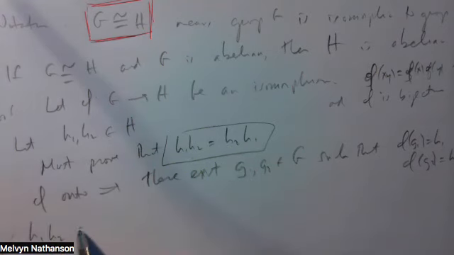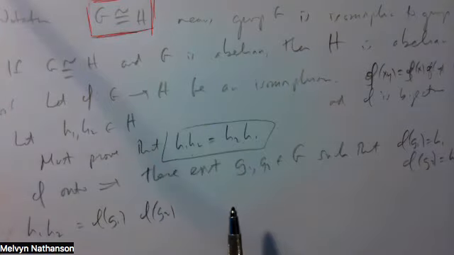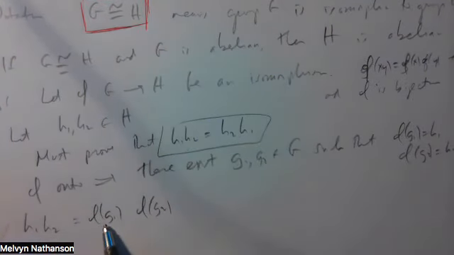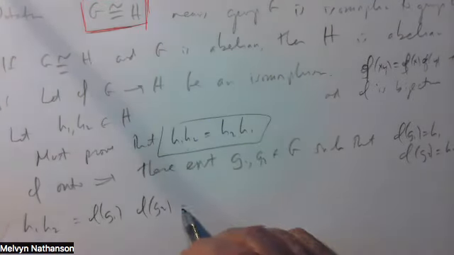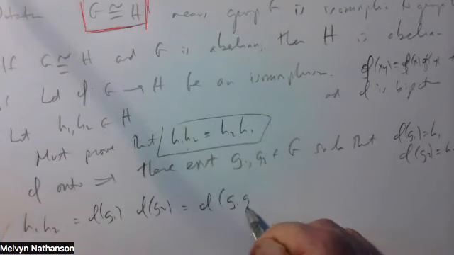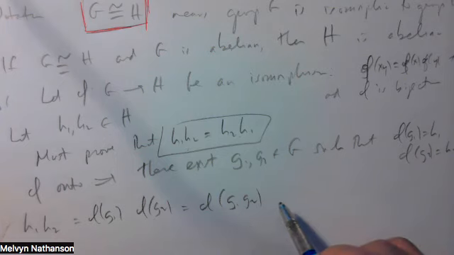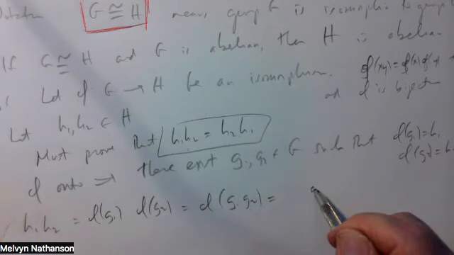Well, h1 h2, that's phi of g1 times phi of g2. But this phi is an isomorphism. So phi of g1 times phi of g2 is phi of g1 g2. But G is abelian. g1 g2 is the same as g2 g1.